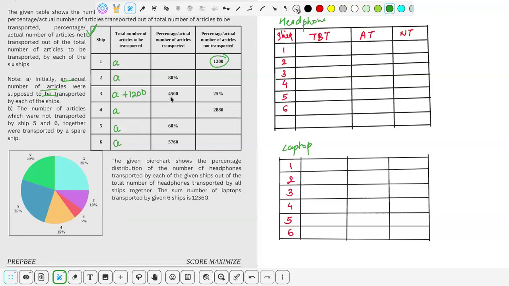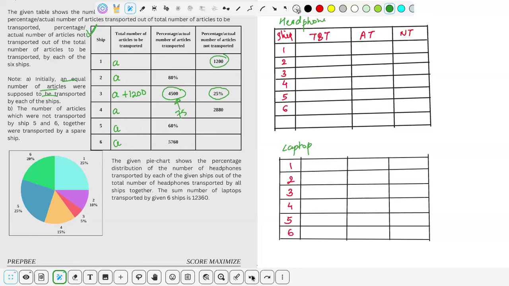Now you can see because they have given me these two values, I could clearly assume that if this number of articles have 25% not transported, what does it mean? It means 25% was not transported, but 4500 has been transported. It means this value is 75%, right? If this is 75%, then only this will become 25%.